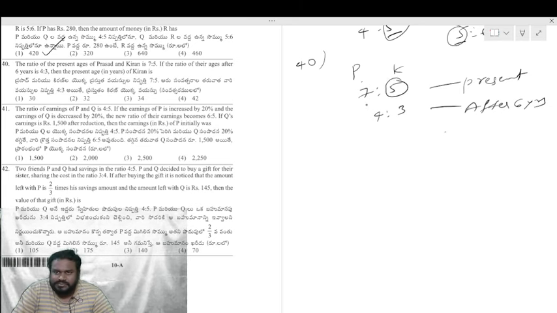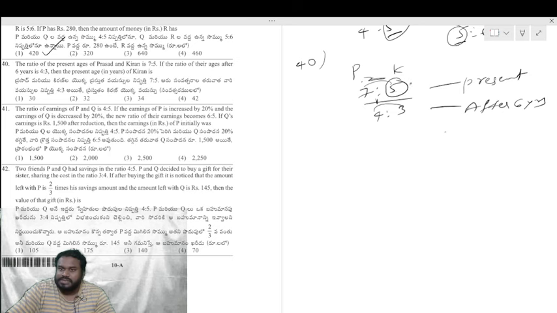But there is one difference you can observe. 7 is to 5, the difference is 2 parts, but here only 1. You have to make them proportional. Proportional means if you can make this also 2, then it will become easier for comparison.